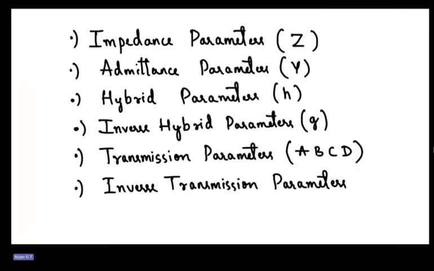In short form, impedance parameters we call Z parameters, admittance parameters Y parameters, hybrid parameters H parameters, inverse hybrid parameters G parameters, and transmission parameters ABCD parameters.